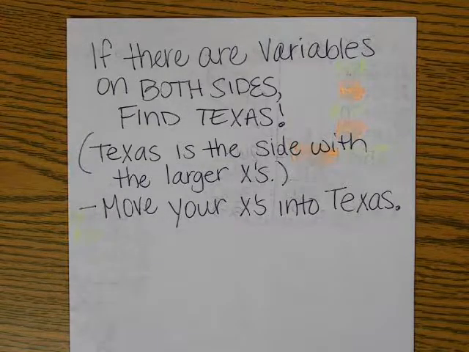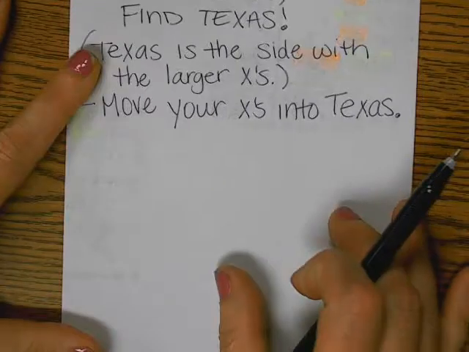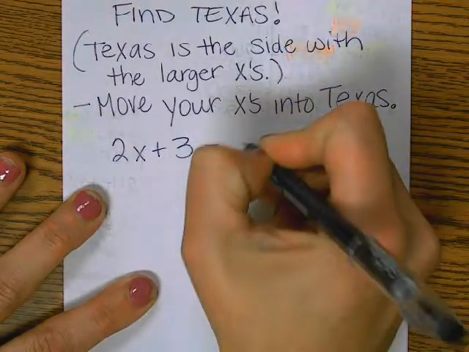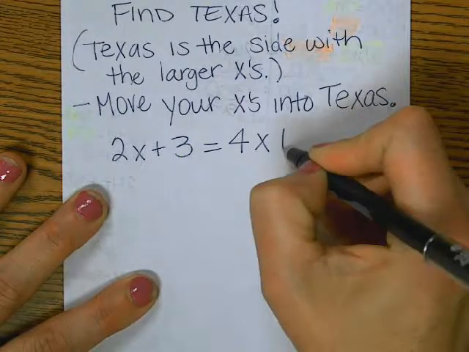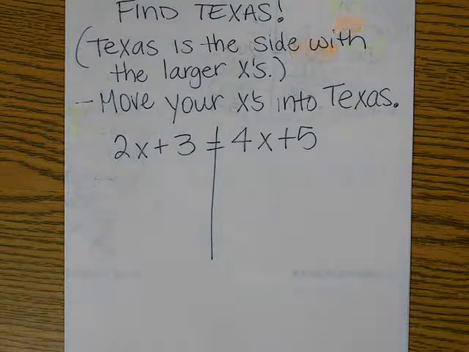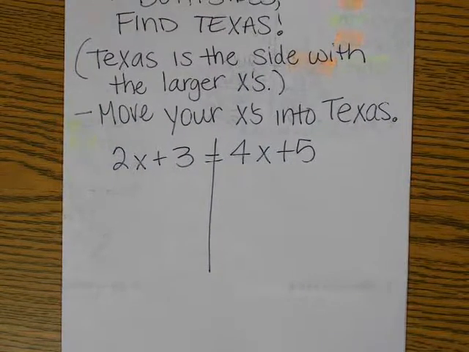Alright, so we said we're going to move our x's into Texas. Let's look at this example right here. If I have 2x plus 3 equals 4x plus 5, which side of this equation is going to be Texas?